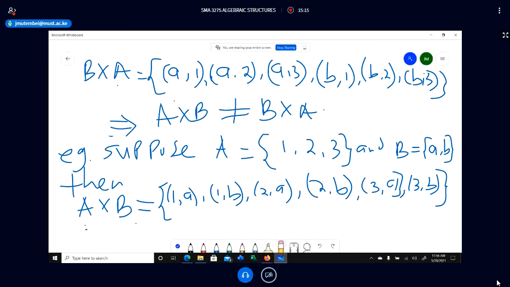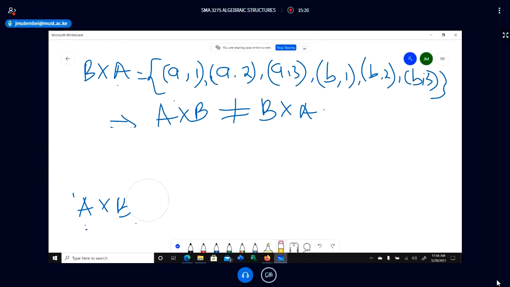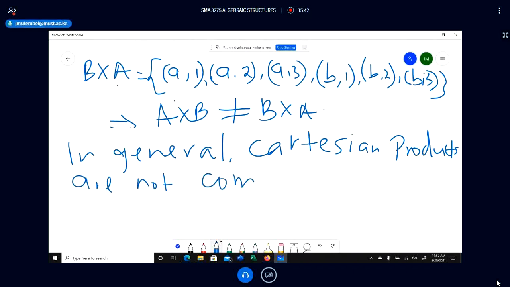So we can say that in general, Cartesian products are not commutative. And that's what we have shown.